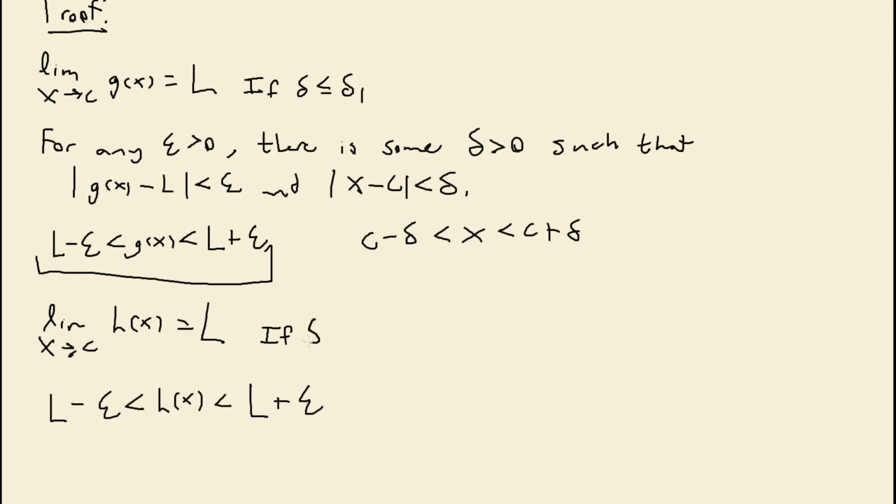And here I'll say that if delta is less than or equal to delta 2, just so that we have some specificity within these two definitions. This delta over here might need to be something smaller than this one in order to make both of these inequalities true. So we'll say delta 1 for g of x and delta 2 for h of x.